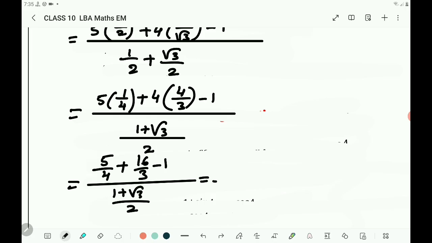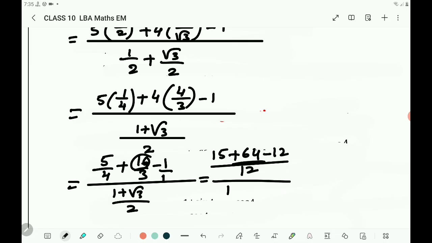Here you find the LCM, which is 12. 4 threes are 12, so 5 into 3 is 15, and 16 into 4 is 64, plus 64, and minus 1 means we have to take 12.